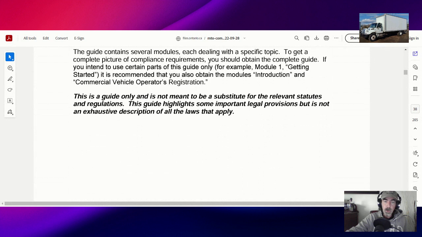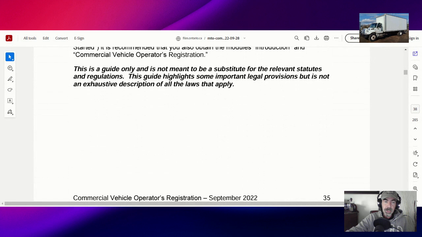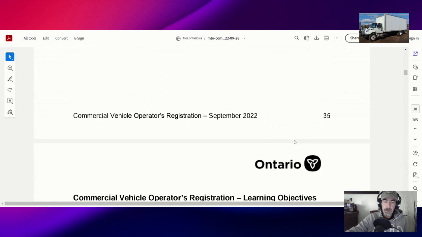This is a guide only and is not meant to be a substitute for relevant statutes and regulations. This guide highlights some important legal provisions, but is not an exhaustive description of all the laws that apply.